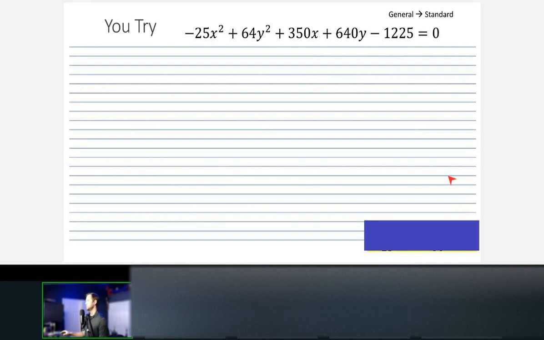So let's show the answer. All right. So here's the answer. Who got this one correct? Brady, you're kind of correct, but I'd still mark it wrong. All right. So a lot of you got it right.